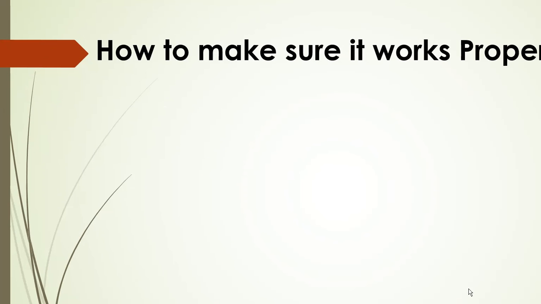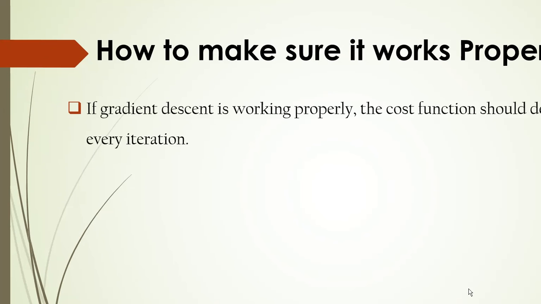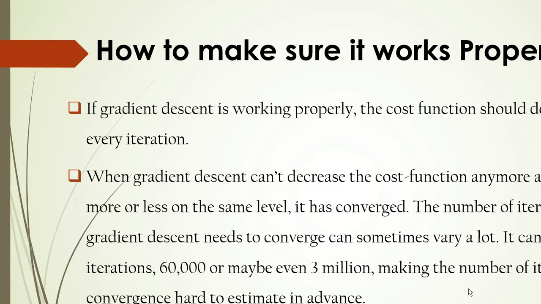If gradient descent is working properly, the cost function should decrease after every iteration. As we perform various iterations, the cost function decreases after every iteration if your gradient descent is working in the proper way.